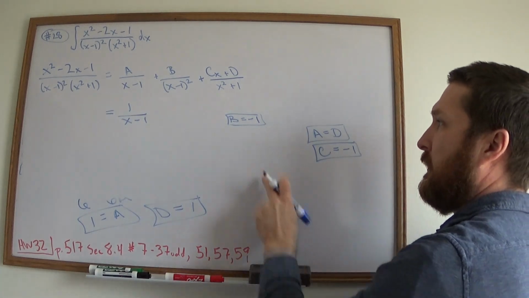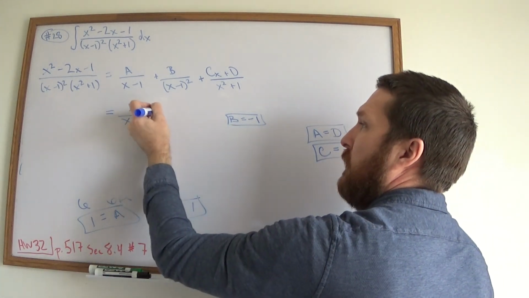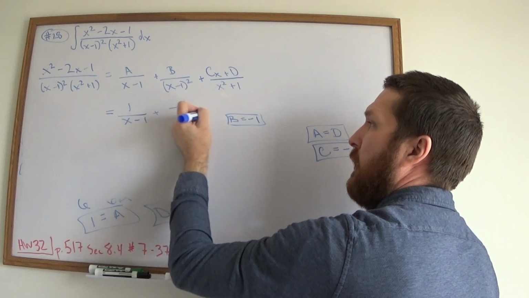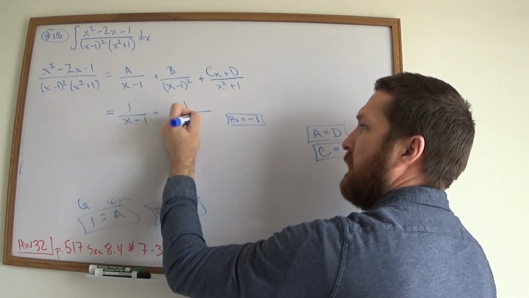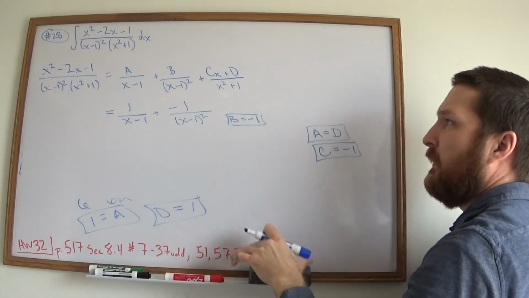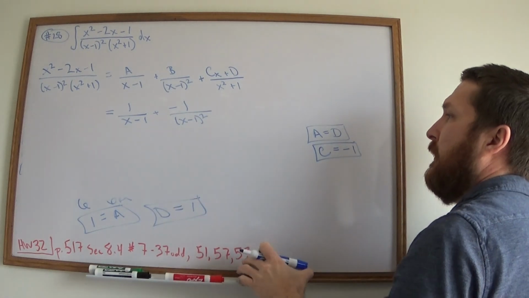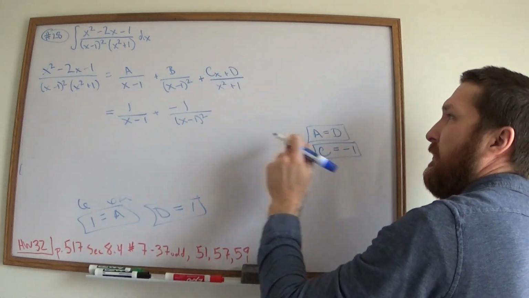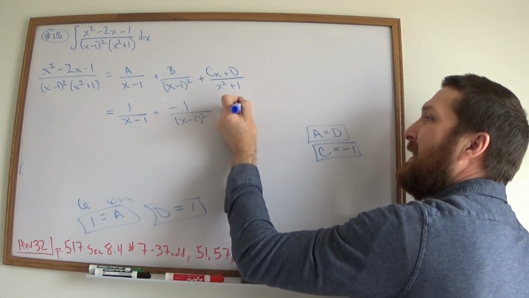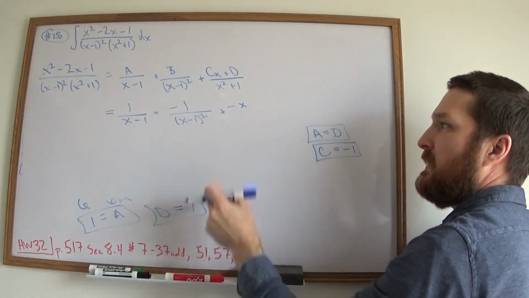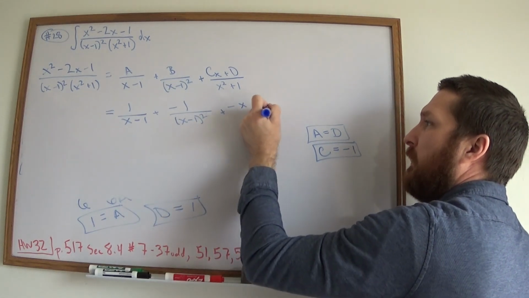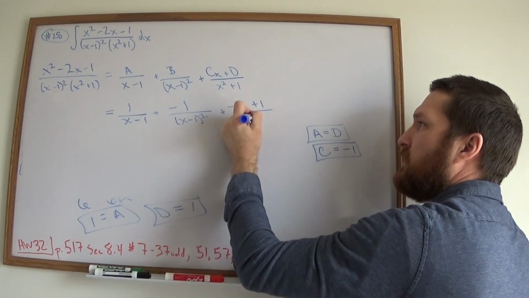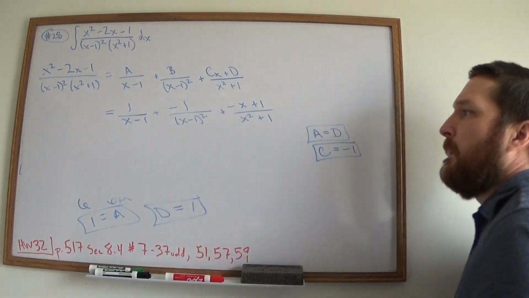B is negative 1, so plus negative 1 over x minus 1 squared. I'm good with him. C is negative 1, so that's minus x. D is 1, plus 1 over x squared plus 1.